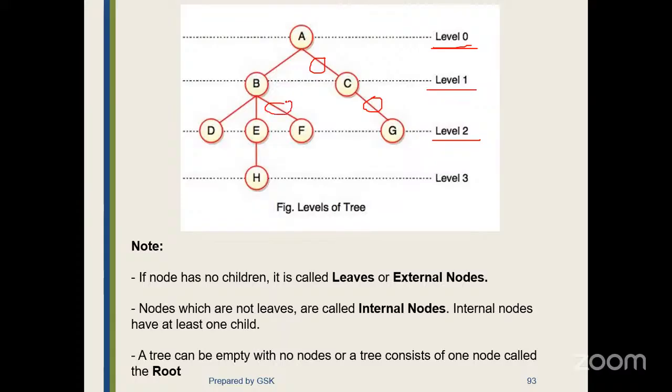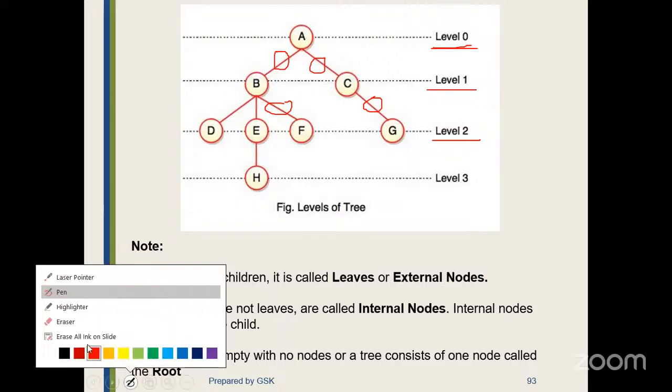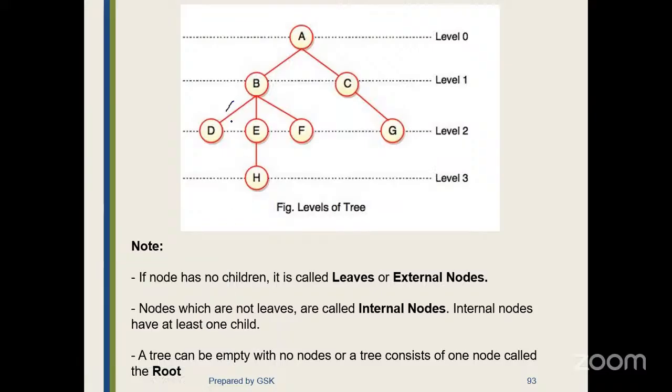For F also we have two connections. Observe. For D also we have two connections. For D, how many connections do we have from the D node to the root node? Two connections. So that's why these are level 2 nodes.